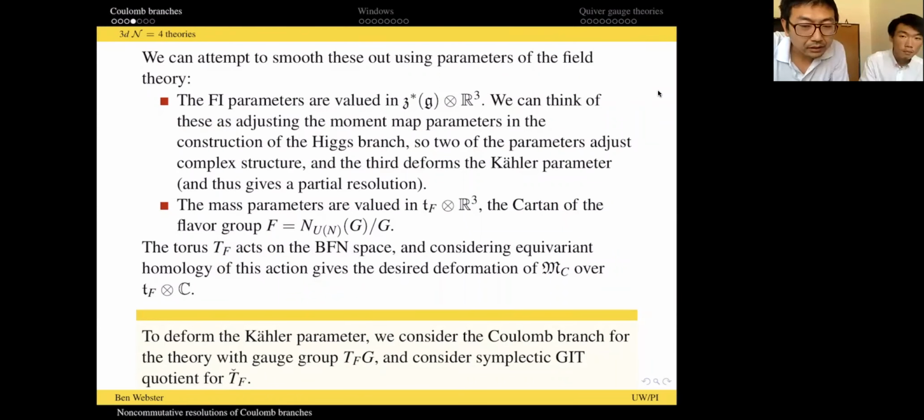Okay. What happens, or at least what physicists tell me, is that when you vary the Fi parameters, you essentially destroy the Coulomb branch. The Coulomb branch becomes a bunch of disconnected points.